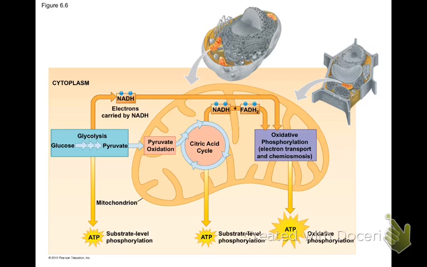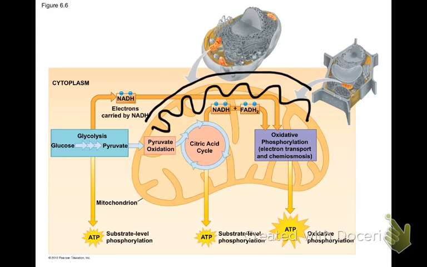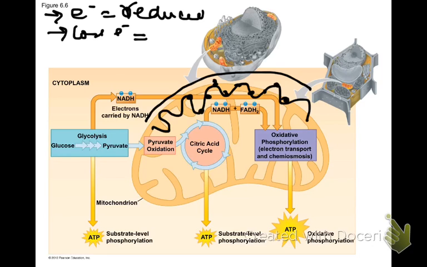Okay, so I want you to be able to imagine the mitochondria in such a way that you are able to see that the mitochondria has an outer membrane and an inner membrane, right? This inner membrane has a lot of electron carriers. Now these electron carriers, when they have an electron, they are reduced. When they lose an electron, they are oxidized.